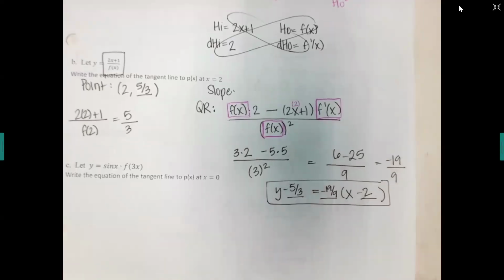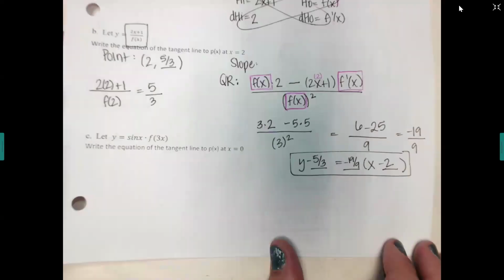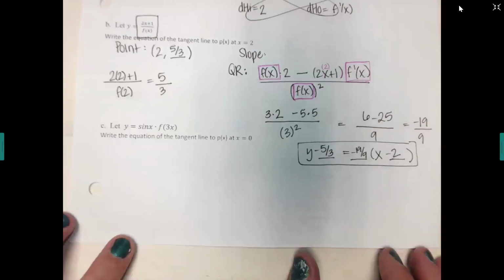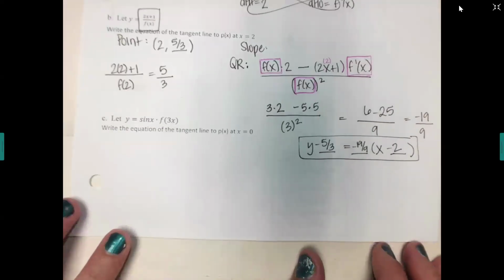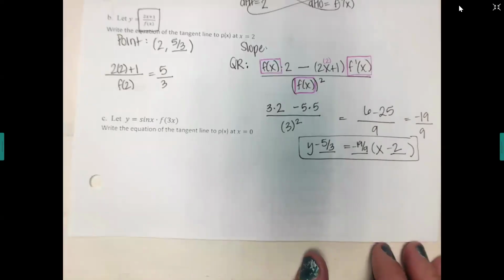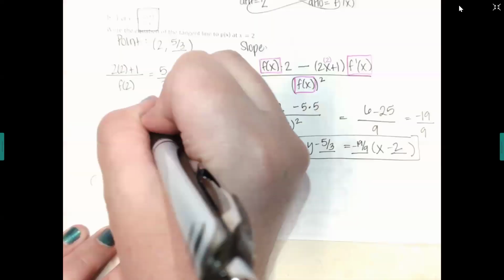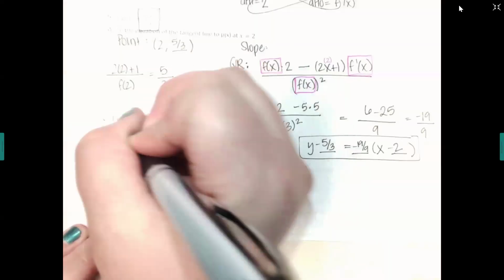For the last one, I'm not going to write the whole equation. We're just going to take the derivative. What rule is needed for letter C? Product rule. Very good, because I have two things that are multiplied together, right? So for this one, my u is a sine x.